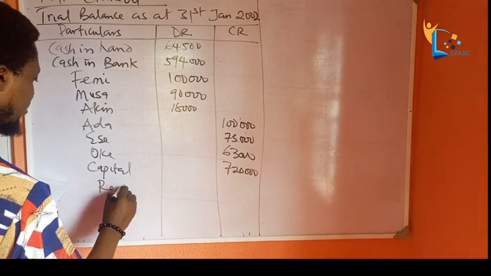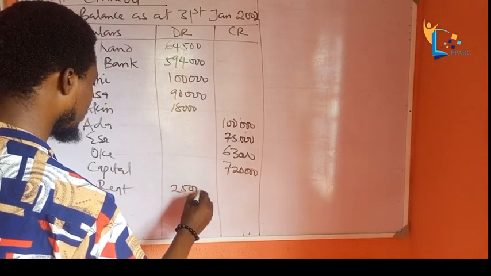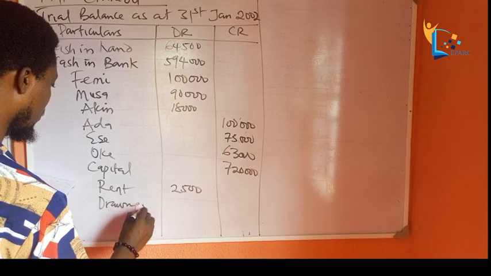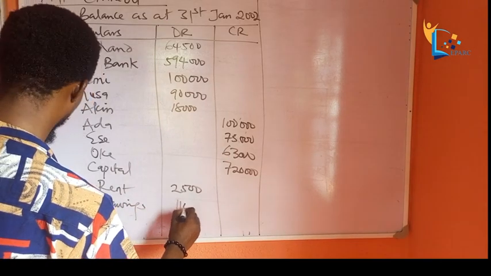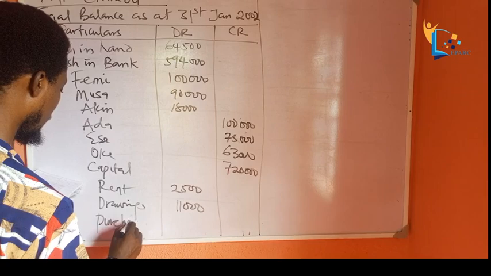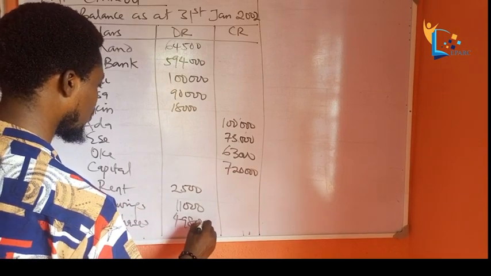Rent is payment, 25. Drawings is payment also, 11,000. Purchases is expenses, 498,000.